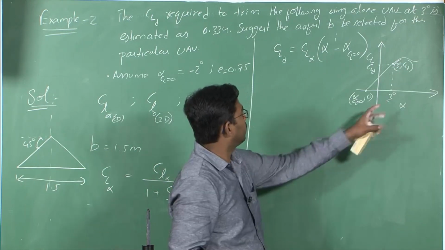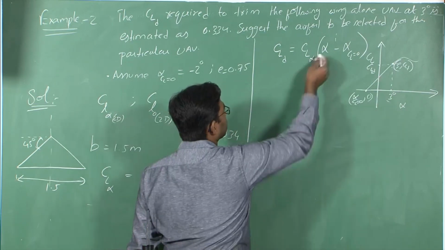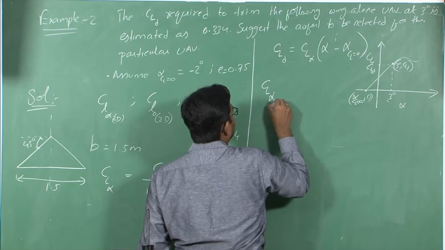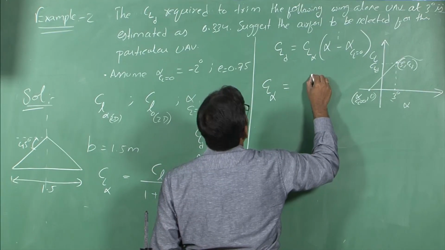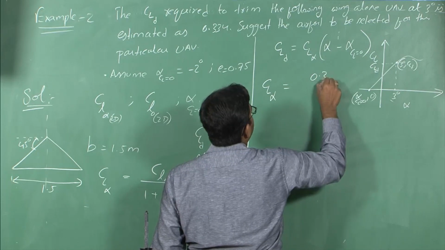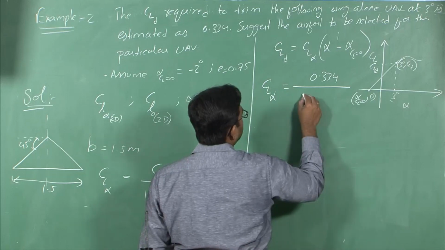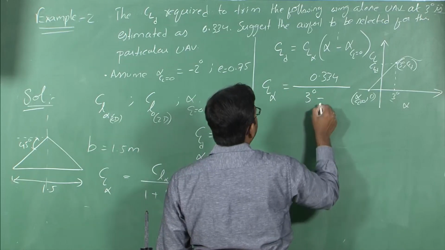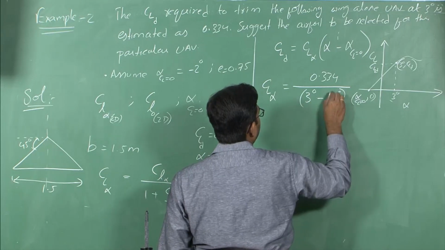From here you can find out CL alpha, the slope of this curve. So CL alpha of the wing is equal to CL design, 0.334, divided by 3 minus 2 degrees.